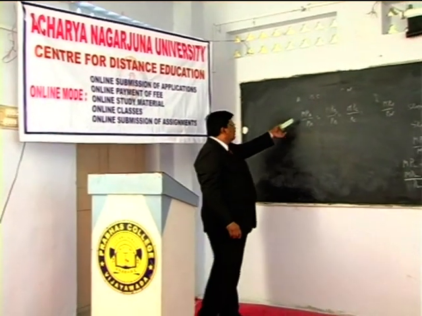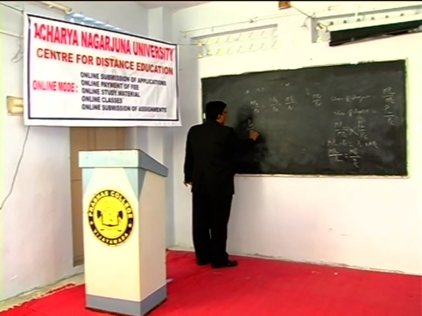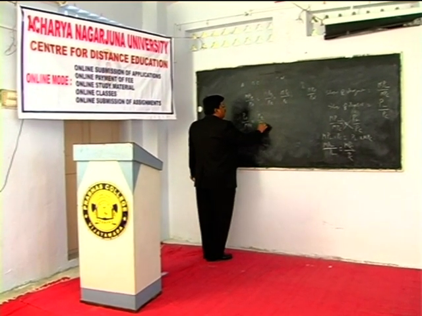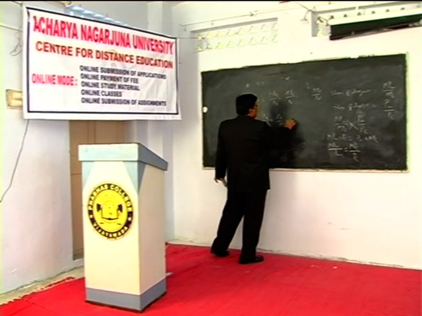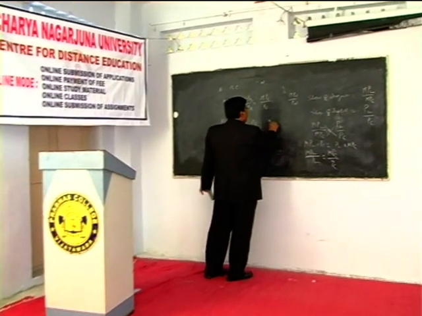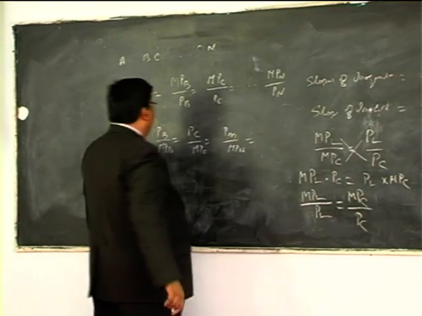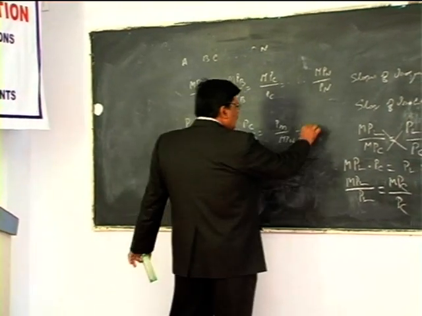You can also write the same expression like price of A by MPA is equal to price of B by MPB is equal to price of C by MPC is equal to, for example, price of N by MPN is equal to marginal cost.